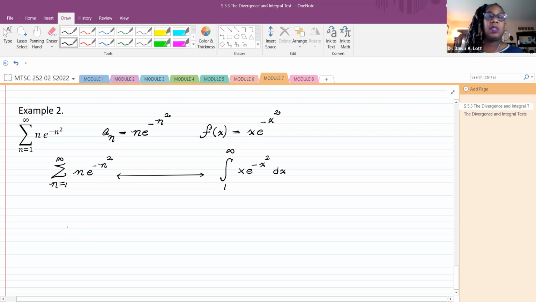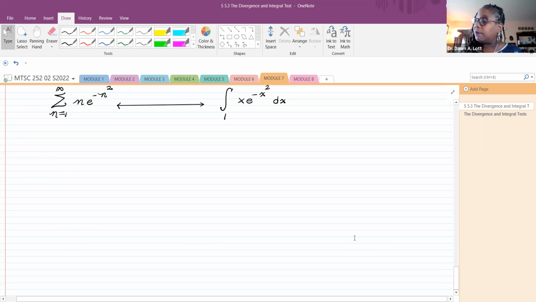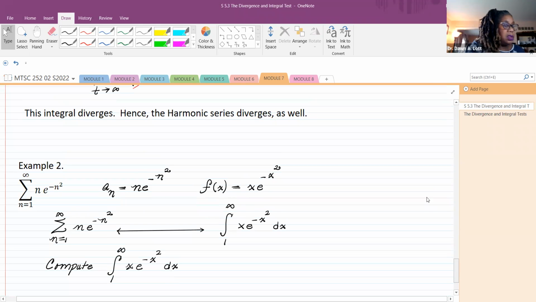This just happens to be the example that seemed to work really well for this. Okay, so now I have to compute that integral, the integral from 1 to infinity of x e to the negative x squared dx. Okay, so what happens if this integral goes to infinity? Somebody give me some information. What happens if the integral goes to infinity?